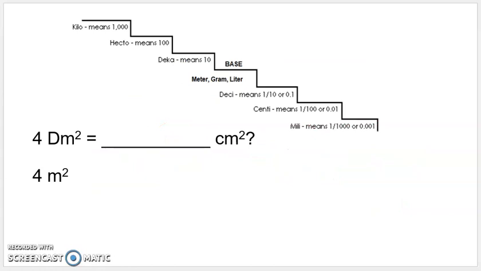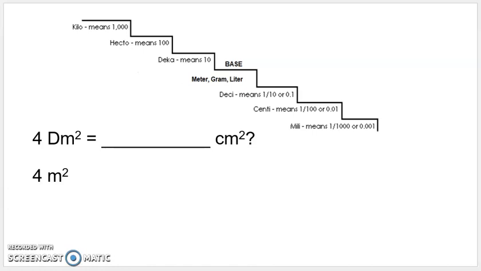Now, let's do another essentially area conversion. This is from, in metrics, a square decameter. So 4 decameters squared is how many centimeters squared. And again, when I do these conversions with the metric system, I usually just go from large to small and figure out what the conversion factor is.